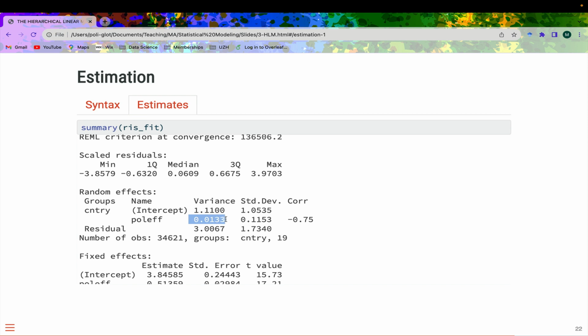So maybe we were wrong in assuming that the effect of political efficacy really varies that much across countries. We could actually test that, but that's for a different video. And here is the correlation between the intercept and the slope. And of course, we still also have the residual variance, the variance that remains in the responses of individuals even after we have considered the differences in political efficacy.